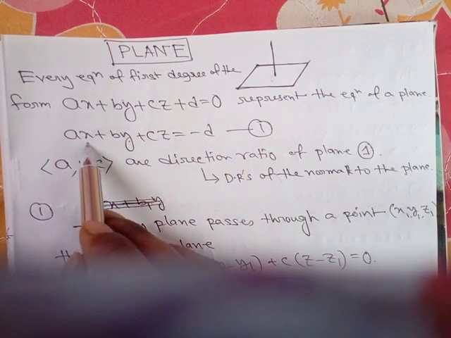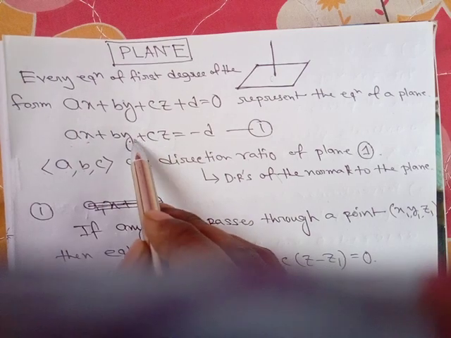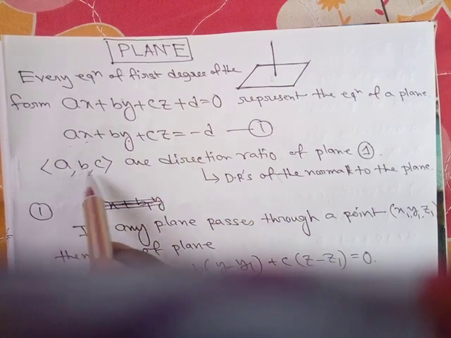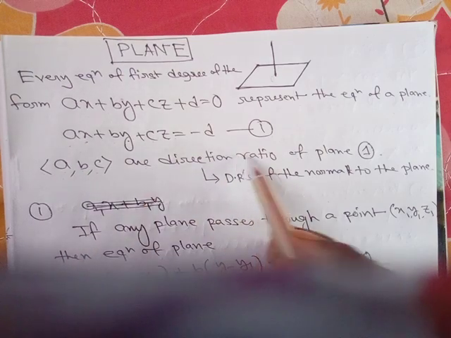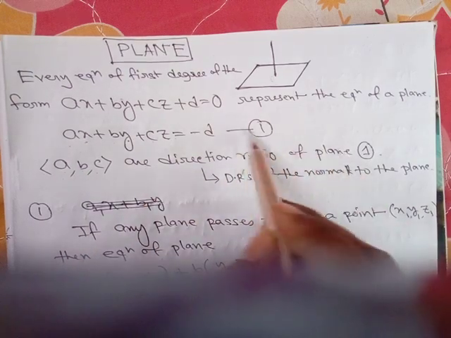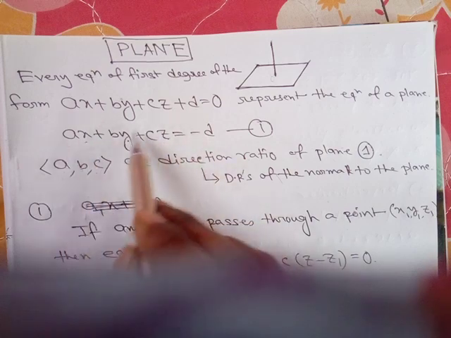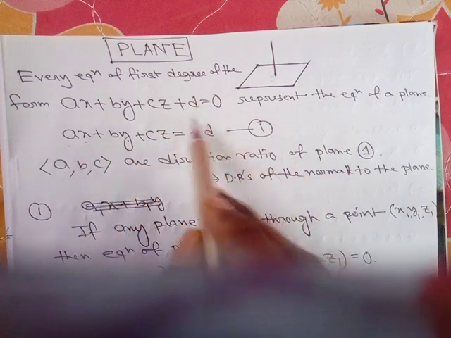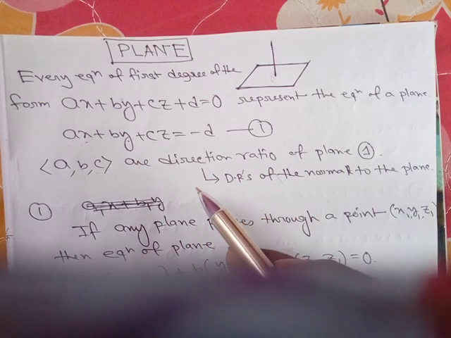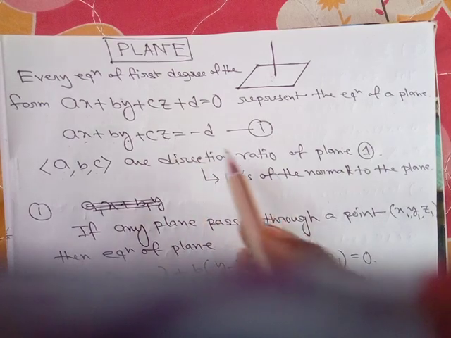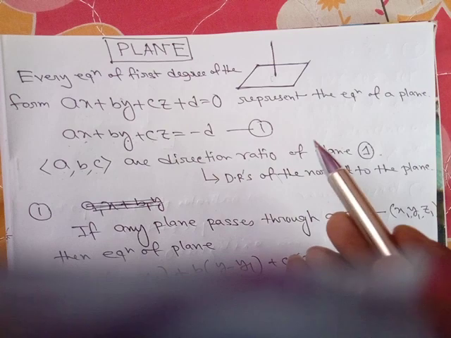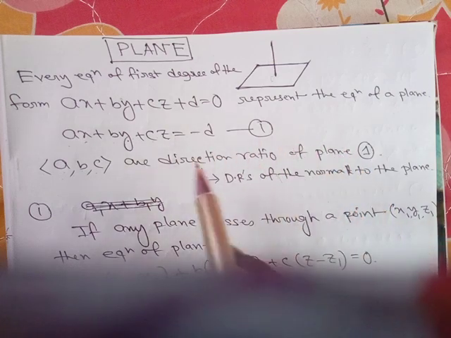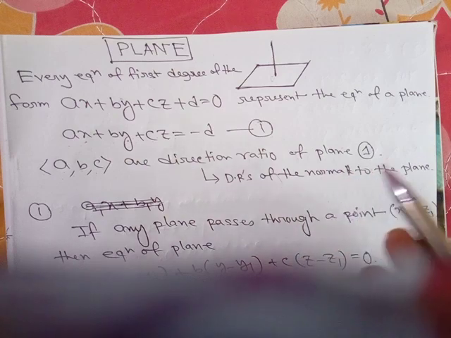Now the coefficient of x is a, the coefficient of y is b, and the coefficient of z is c. So a, b, c are the direction ratios of the plane ax plus by plus cz equals minus d. Make one thing clear: we cannot strictly say the direction ratio of the plane, because it is the direction ratio of the normal to the plane.